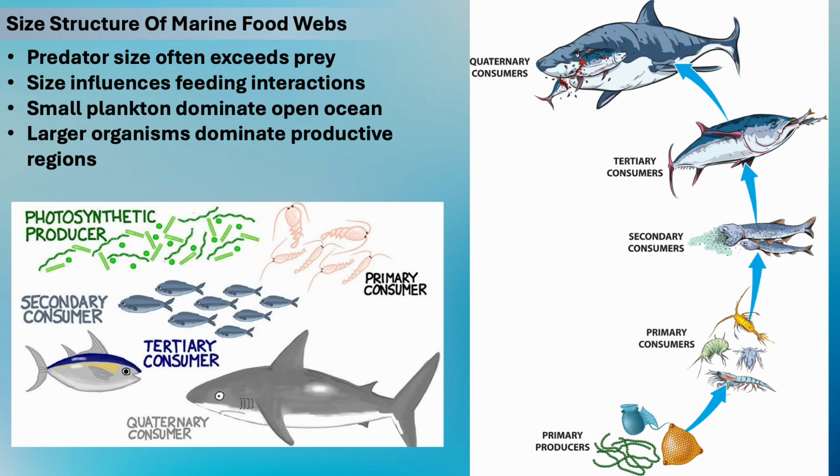In contrast, when primary production is dominated by extremely small phytoplankton cells, energy may first pass through multiple microbial steps before reaching larger organisms. This additional complexity can reduce the efficiency with which energy moves toward higher trophic levels. As a result, the size structure of plankton communities plays an important role in determining the productivity of marine ecosystems.